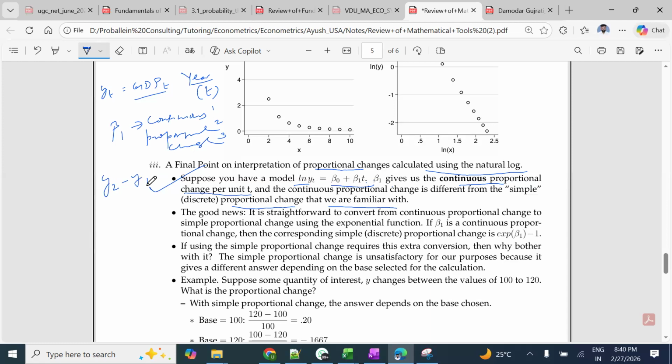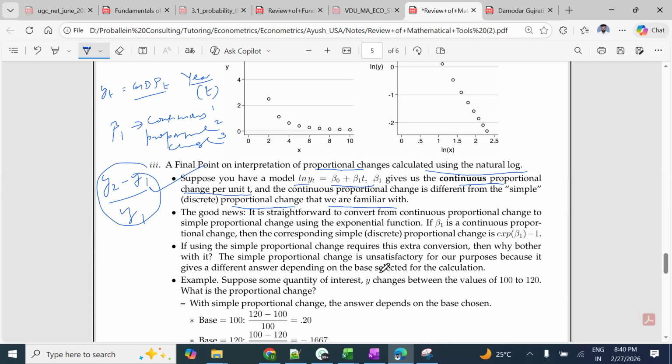That is y2 minus y1 divided by y1, a simple discrete proportional change. But if you take ln, it is continuous proportional change.